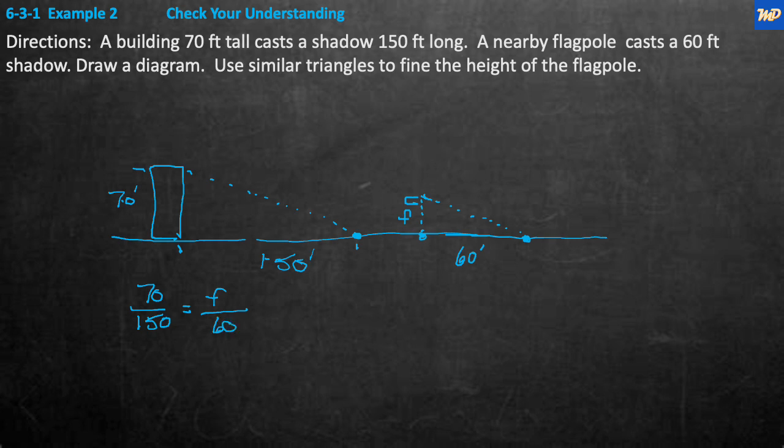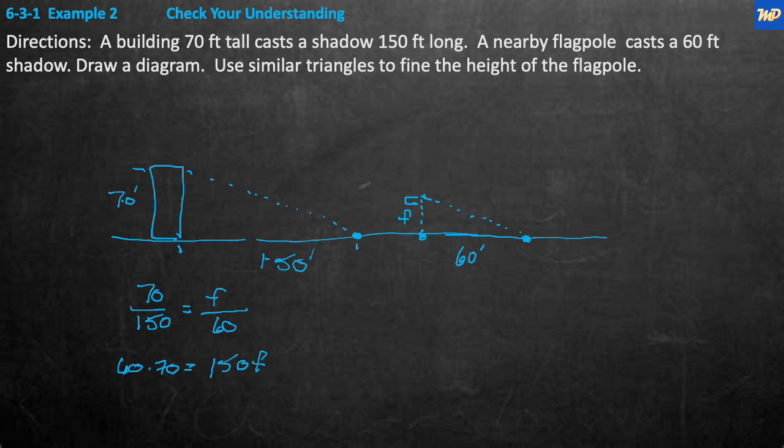Okay, so now in order to solve this, we're going to cross multiply. So we're going to say 60 times 70 is equal to 150 times F, 150 times the height of the flagpole. So these two have to be identical.